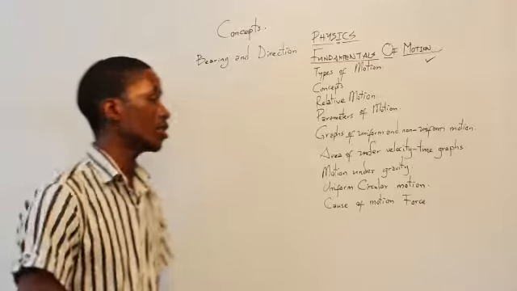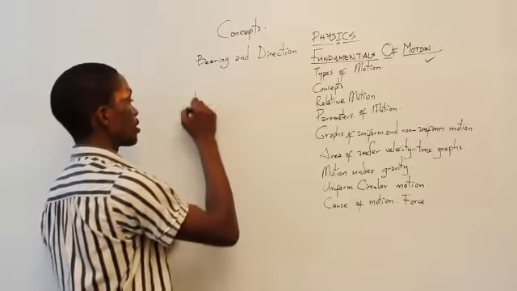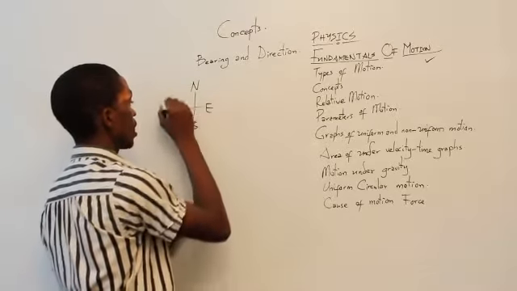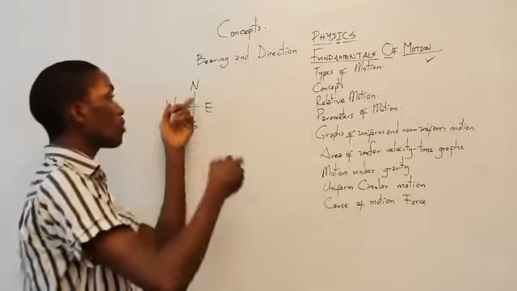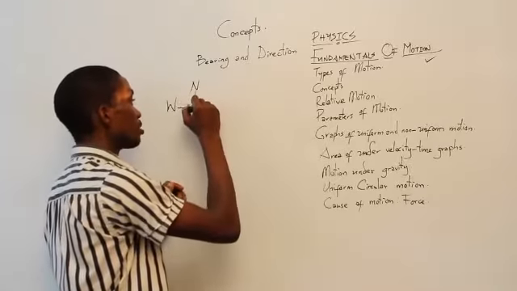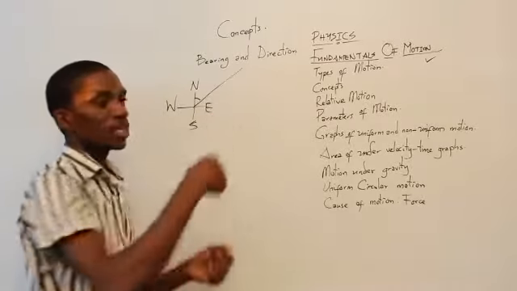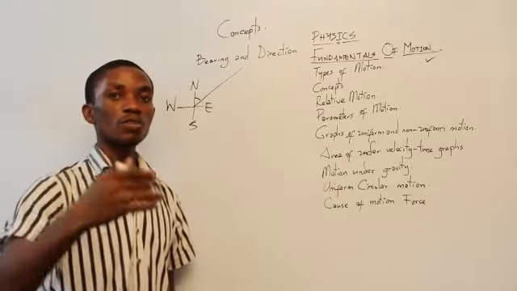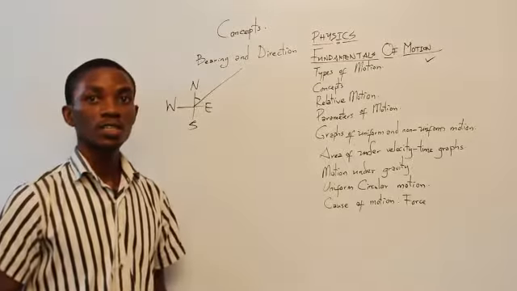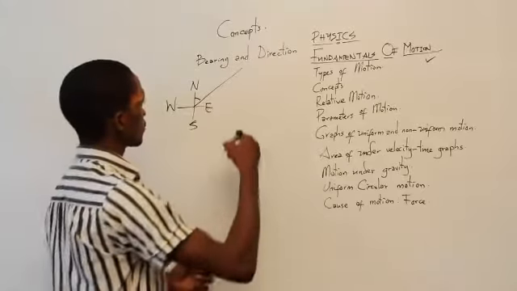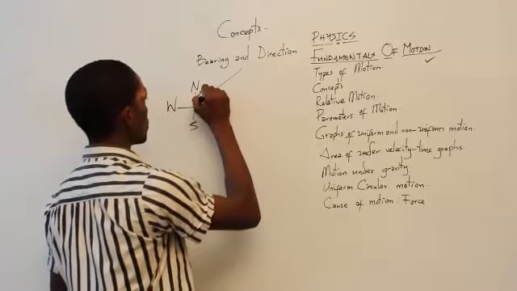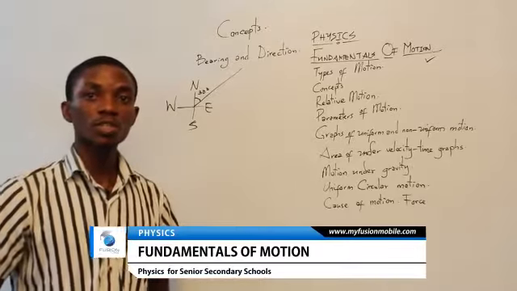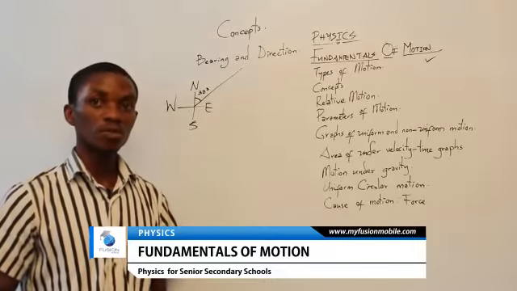Then you start drawing your cardinal points, your north, your east, your south, and your west. And then you measure from the north 30 degrees. And that shows us the direction in which the person is moving.